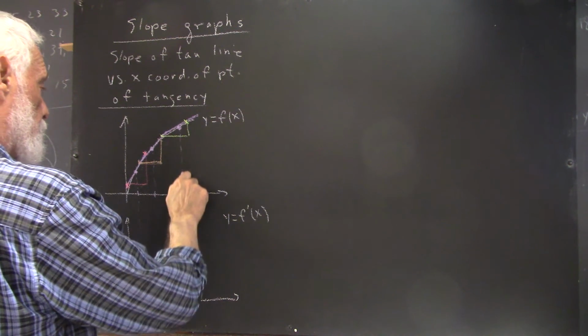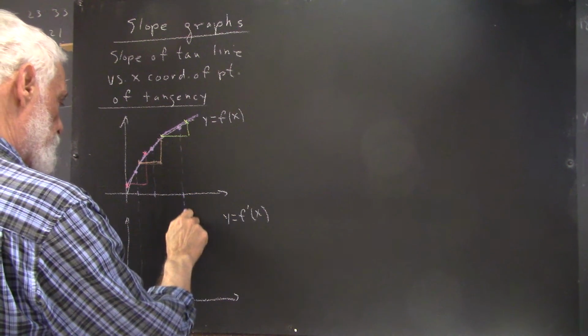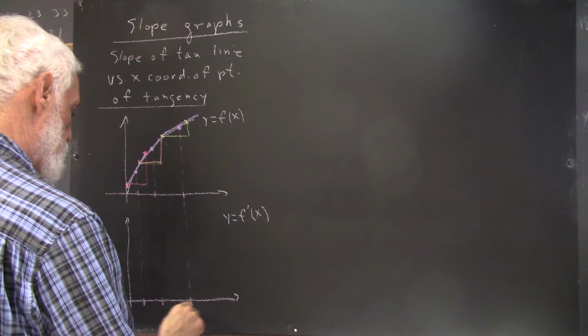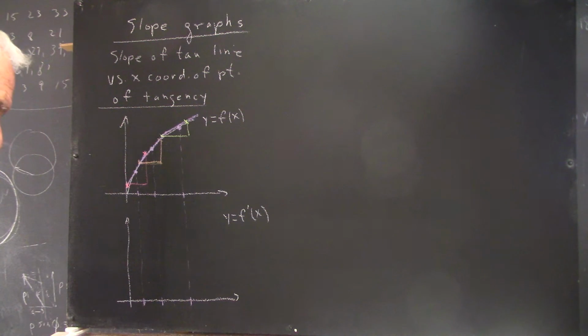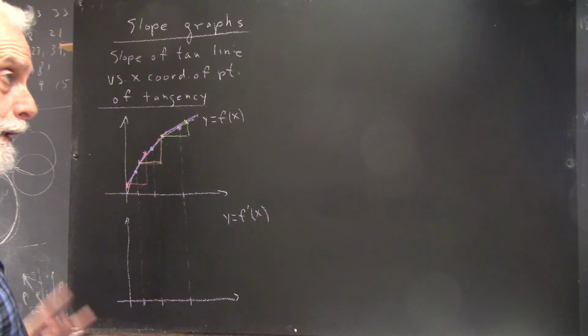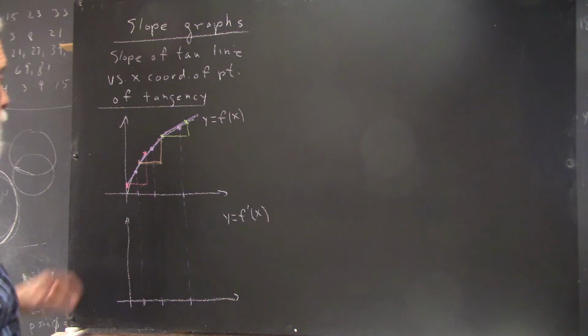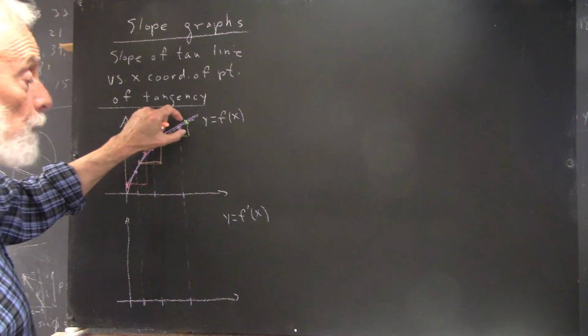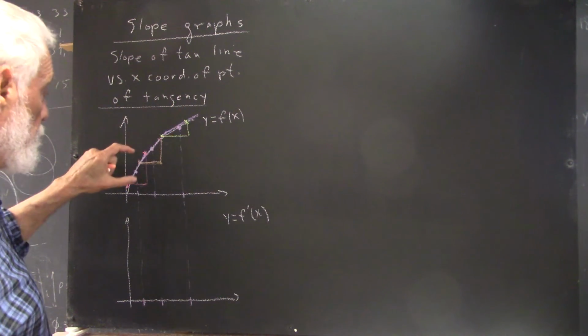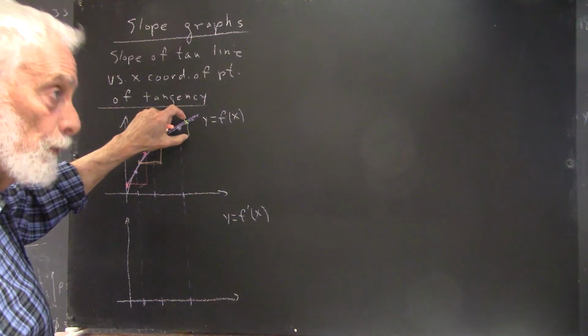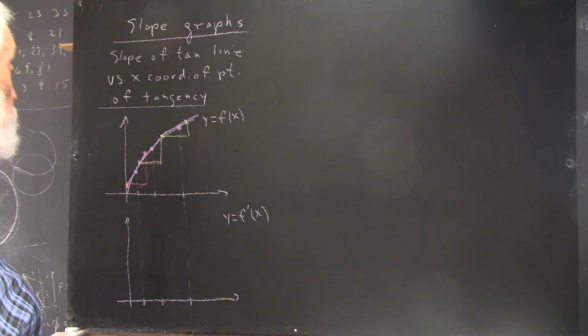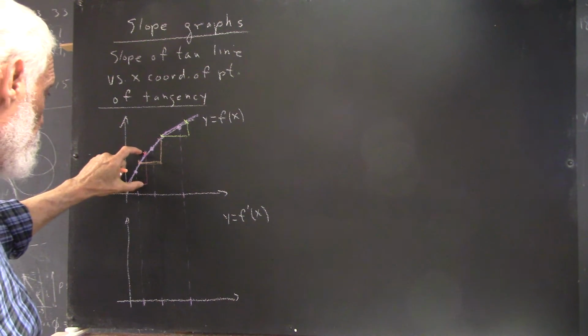Here is the x-coordinate of this point of tangency, and we can come straight down and get the x-coordinate here. So now, instead of calculating a slope and using numbers, I can just use the rises to represent the slopes. Since the rises will have the same relative values as the slopes, this is perfectly legitimate.